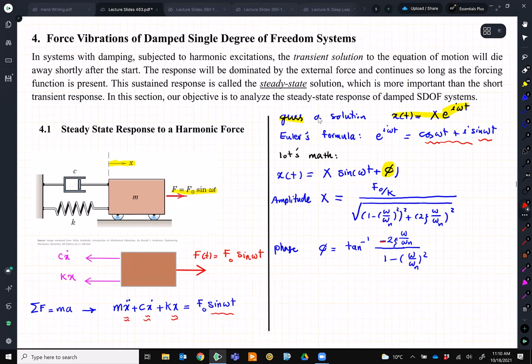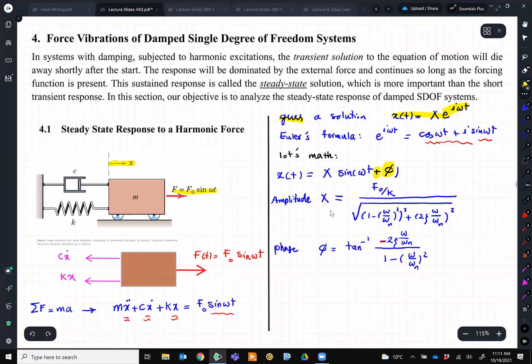In some textbooks, they may just show it as positive, but instead they put the negative sign here when they write sine omega t plus phi. So rather than sine omega t plus phi, they write sine omega t minus phi, and they remove that minus sign there.